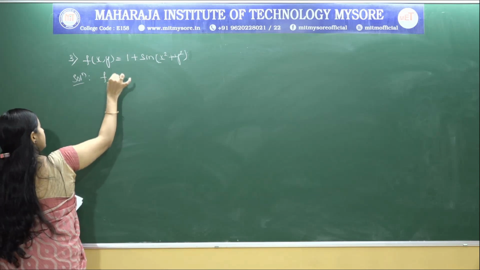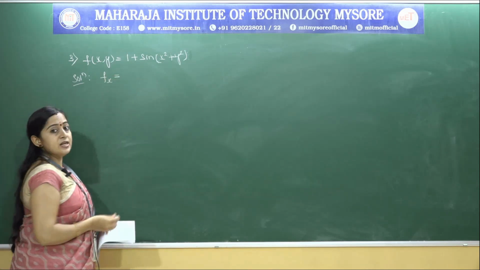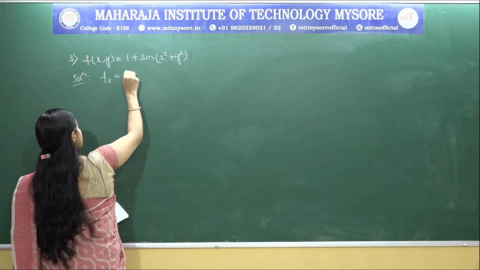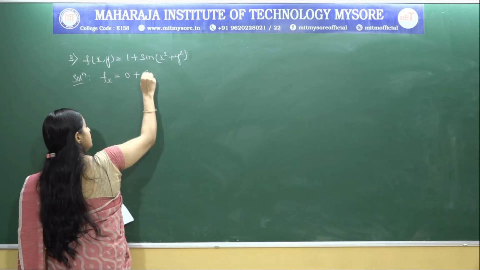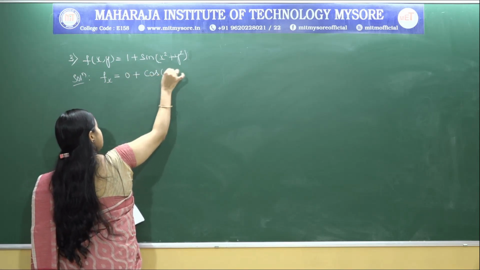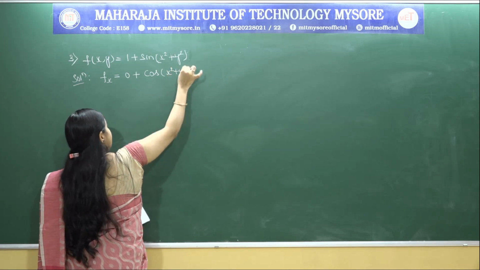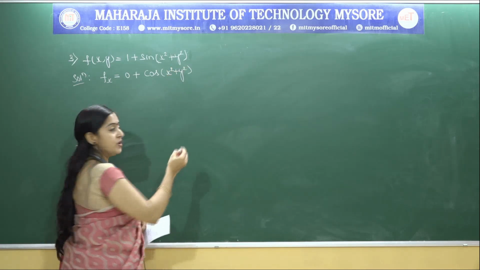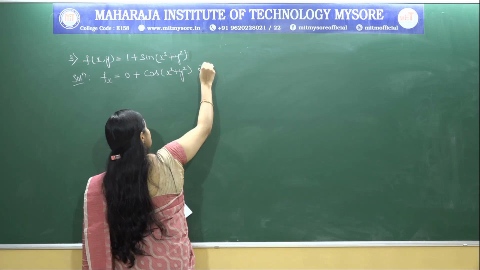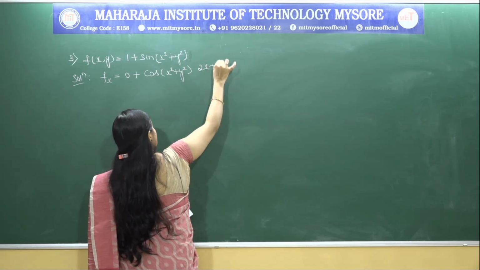Next, find the first derivative with respect to x. The differentiation of 1 is 0, and the differentiation of sine is cos of (x squared plus y squared). Differentiate x squared plus y squared with respect to x, so 2x plus 0.